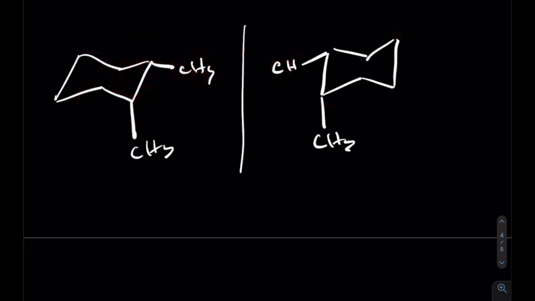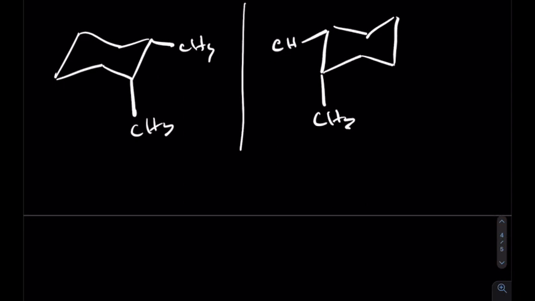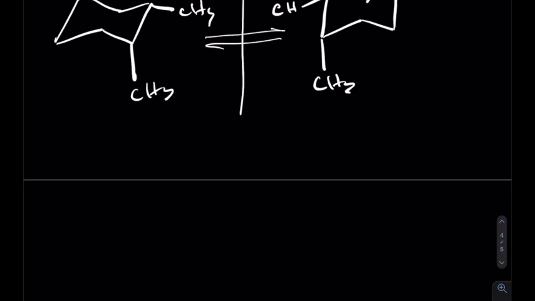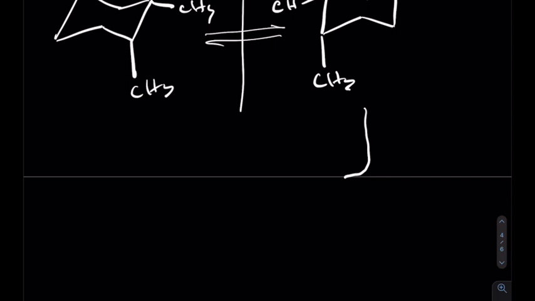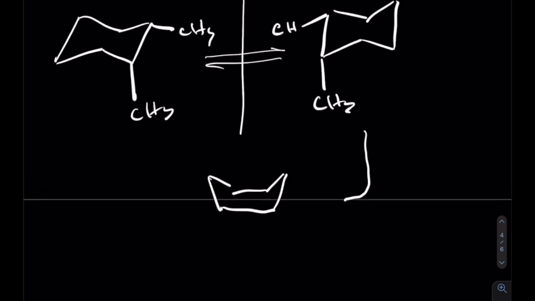But you know that they're related by a ring flip, because we've done this before. In a prior lecture, we show that you have an equilibrium that exists over here, that this goes through some sort of boat thing initially, right, where you have a boat, after it comes through a twist boat, and that means that in this configuration you have a CH3 that's going to pop out this way and a CH3 that's going to go this way.